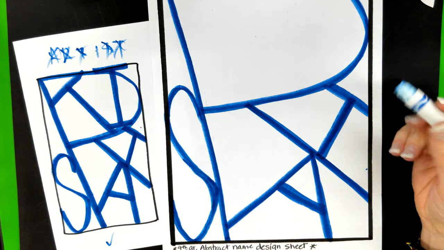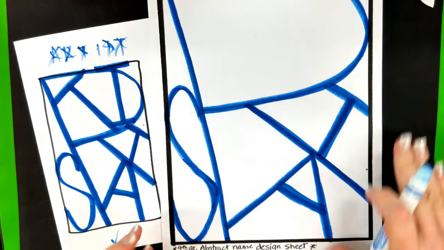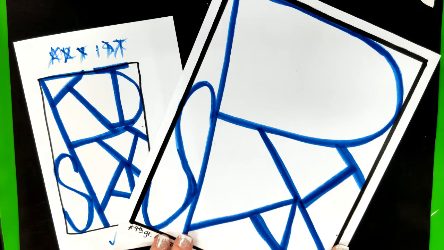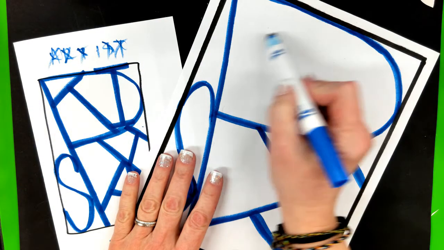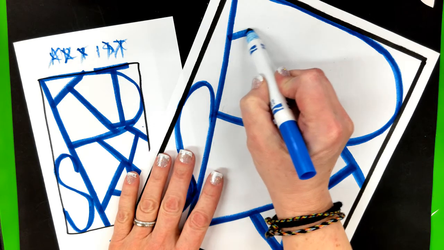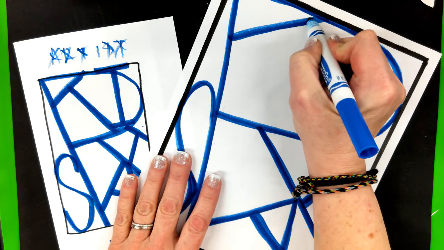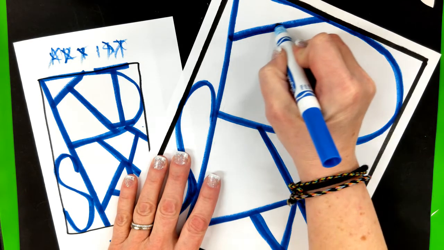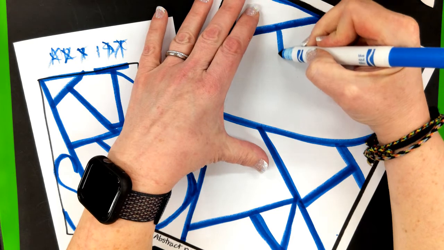Then I have another T up inside the R up there, so I'm going to rotate it a little bit and get that angle going there. Yeah, that's good.